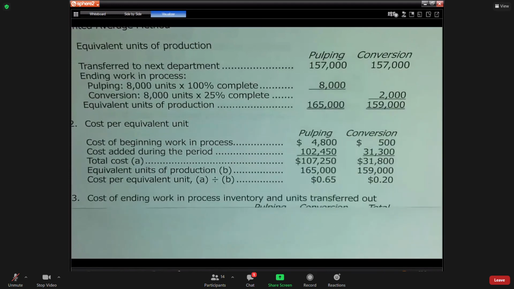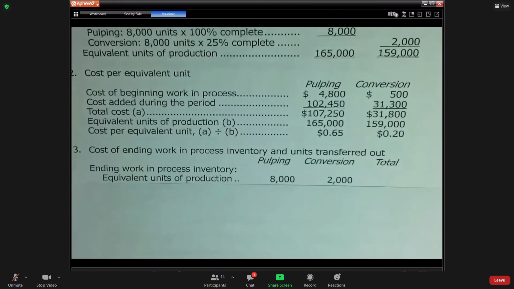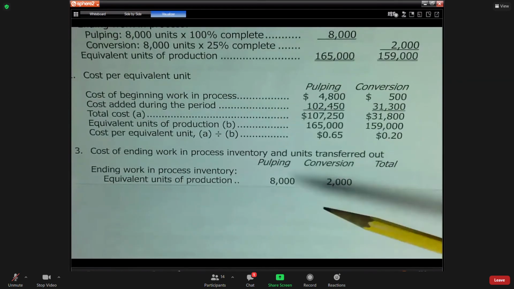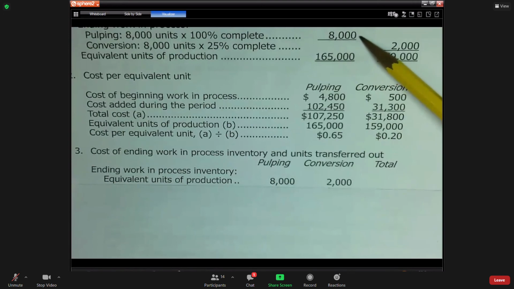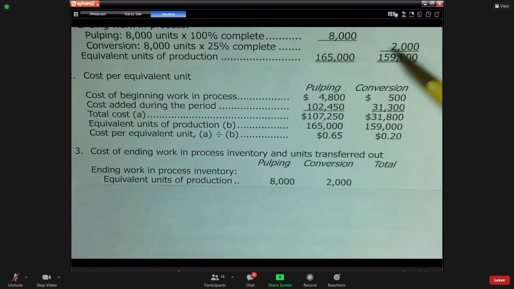Now, when you allocate it, you're allocating some of the cost to the ending work in process. So we have right there, equivalent units of production, 8,002 ending work in process. See how we're using the same information? We use the equivalent units in part 2 to get the cost per equivalent unit.